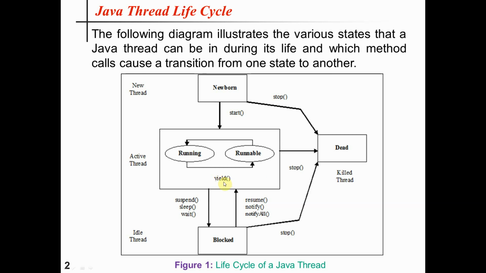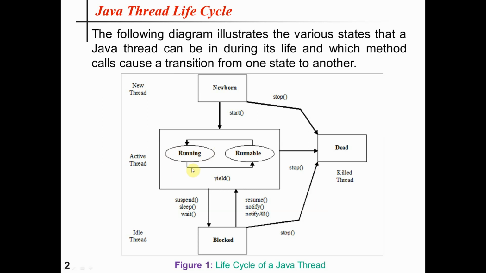By using a call to the yield method, it can voluntarily give up its turn, and it will be moved to the runnable state, from running to runnable. It is to be noted that yield is a static method. Even if it is called on any thread object, it causes the currently executing thread to give up the CPU. So runnable and running are basically considered to be active threads.